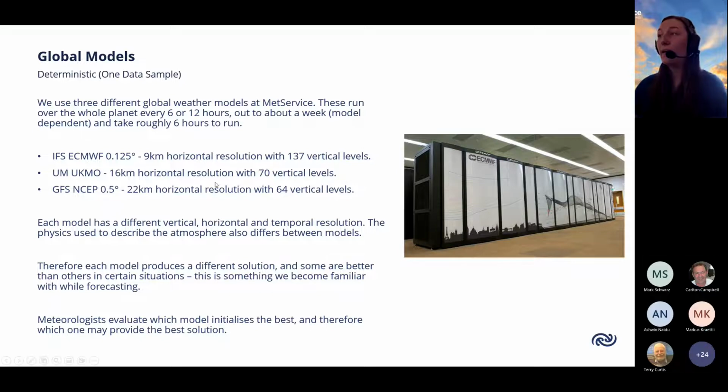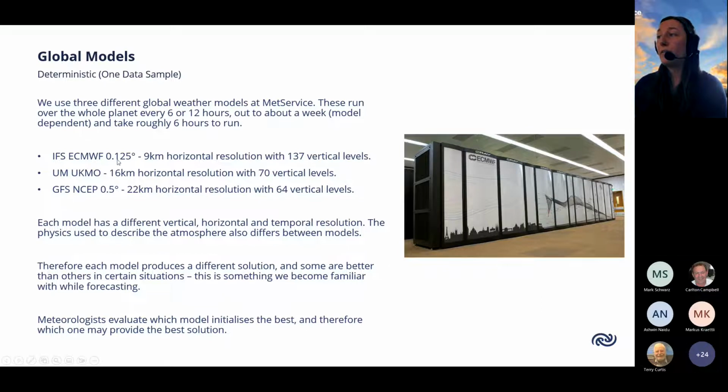So the 3 that we use at Met Service are the EC, which is quite a popular one that people might know of, the UK, and the GFS. The EC is run out of Europe, and you can see there's a supercomputer on the right there. The UK is run by the UK Met Office, and the GFS is the American model.